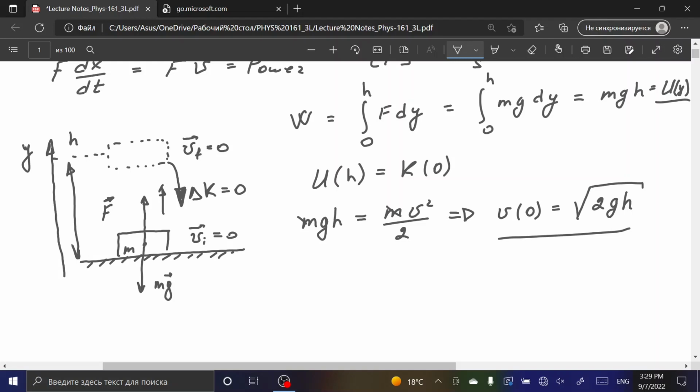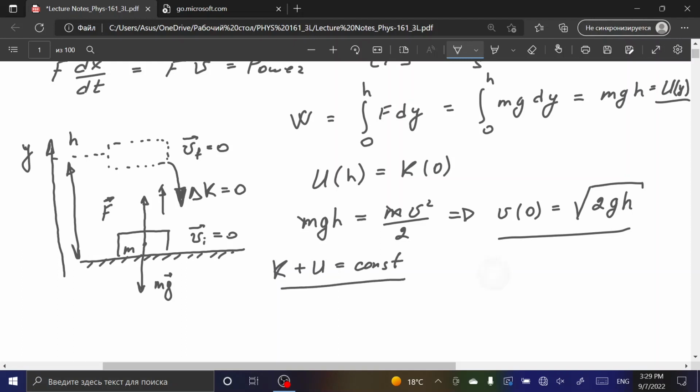That means if the system gains certain potential energy, it can be released in order to convert it to kinetic energy and easily calculate eventually the velocity of the block. That is always true when we don't have any dissipation of energy. So we can write that kinetic energy plus potential energy remains constant.